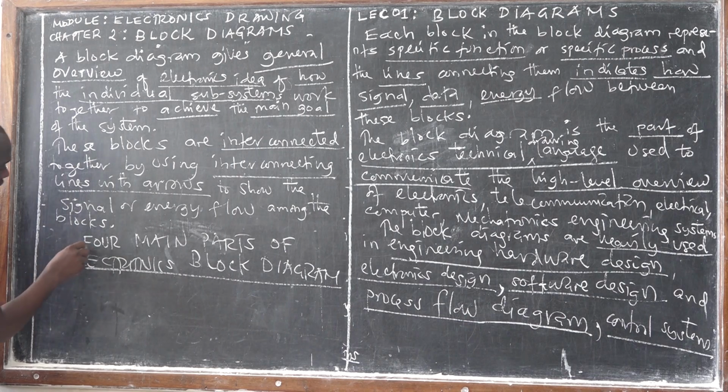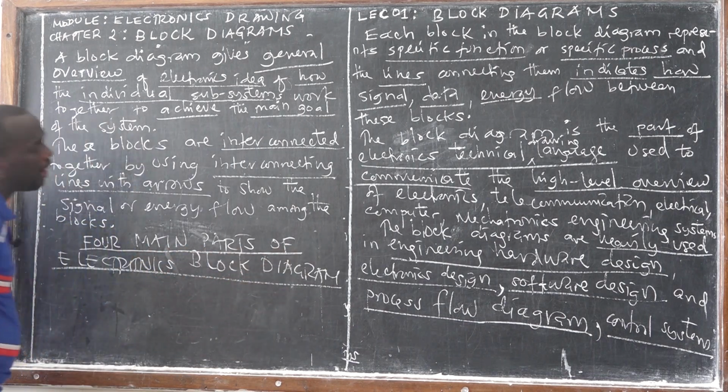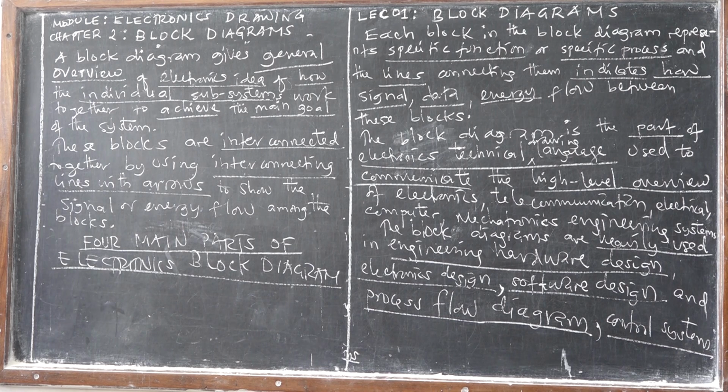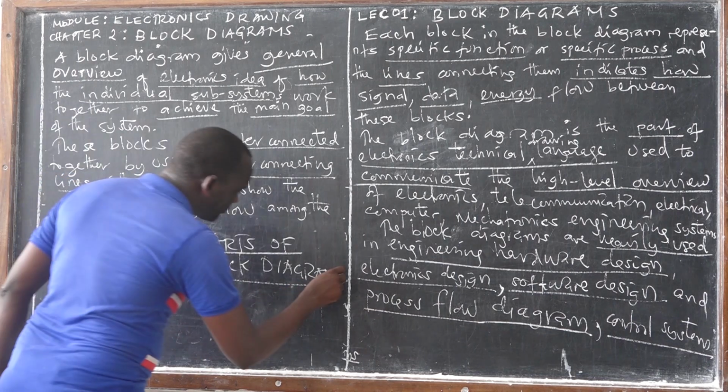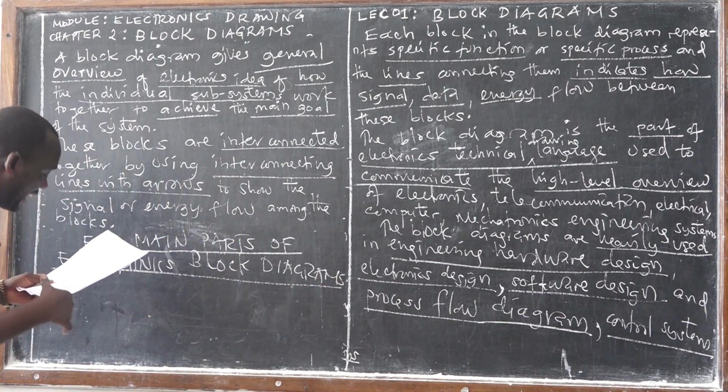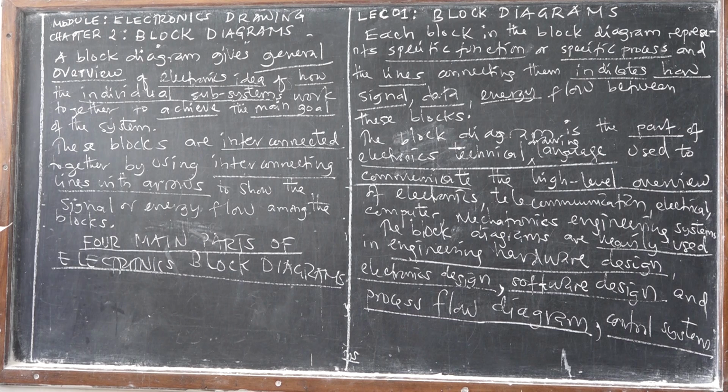We will not finish this concept in this lecture, but in the next lecture, which is lecture 2, we will also discuss it. Class, say four main parts of electronics block diagram.